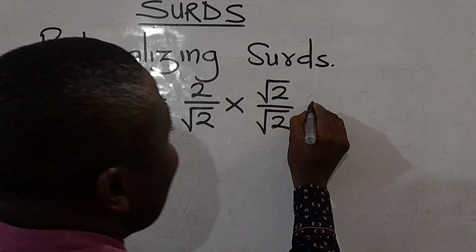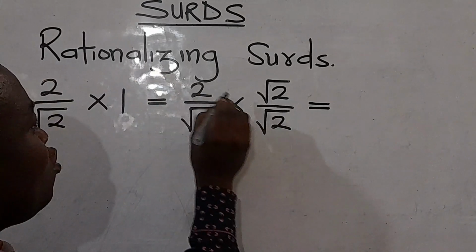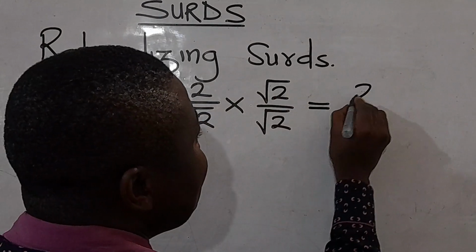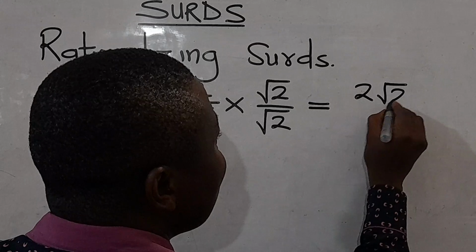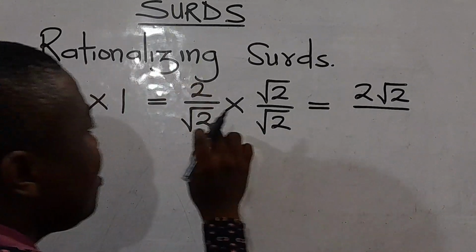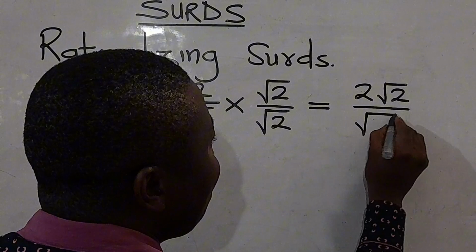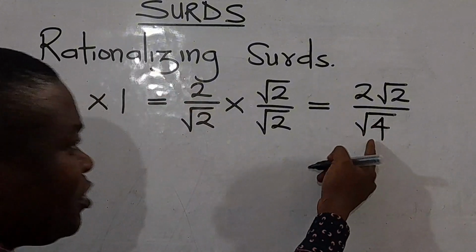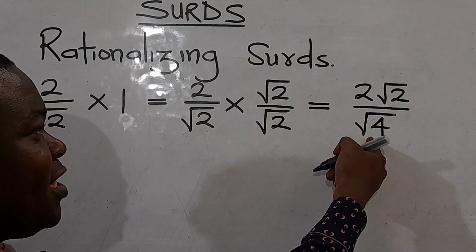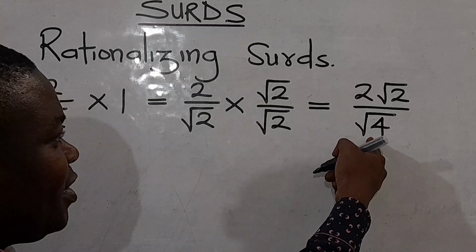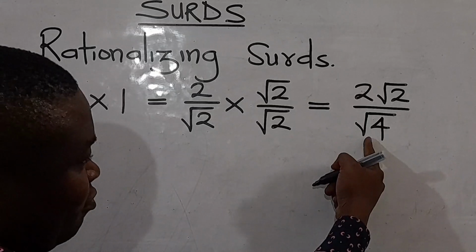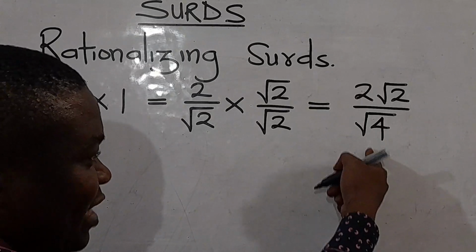Okay, so let's see. 2 times root 2 is 2 root 2, over root 2 times root 2 is root 4. But this is not an irrational number, sorry, this is a rational number, so we can break it down.